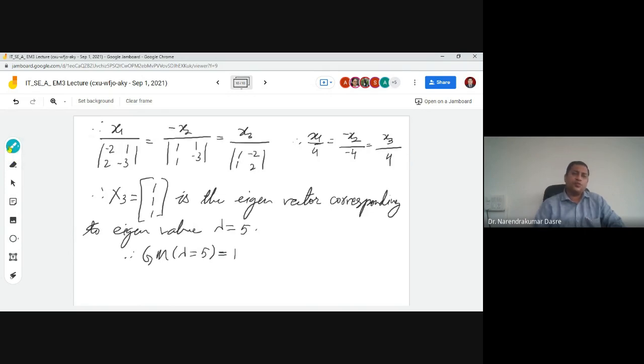Okay, so once you know the geometric multiplicity of this eigenvalue, now you need to check.